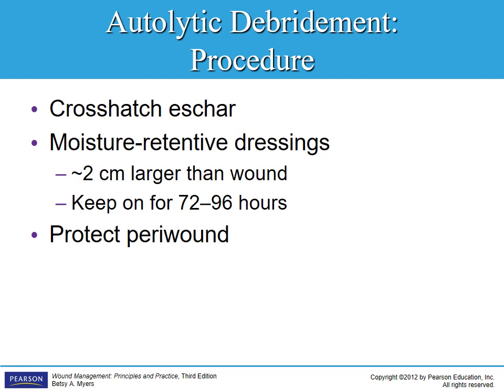Why? It's a moisture retentive dressing, so the skin around the wound is going to be exposed to a very moist environment. So you want to make sure you put a protective layer on it so that you don't macerate it and cause the wound to be even bigger.